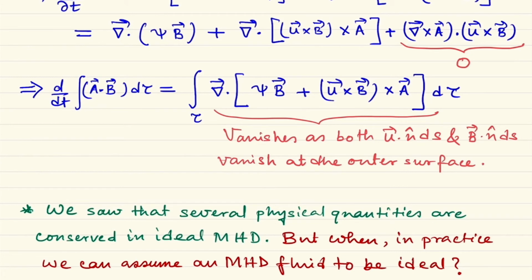But for magnetic helicity conservation, if we have nu, the kinematic viscosity, but no eta, then magnetic helicity is conserved. But if eta, the magnetic diffusivity, is there, magnetic helicity is no longer conserved. So the question is, in practice, under which circumstances can we assume the MHD fluid we are treating is an ideal one?